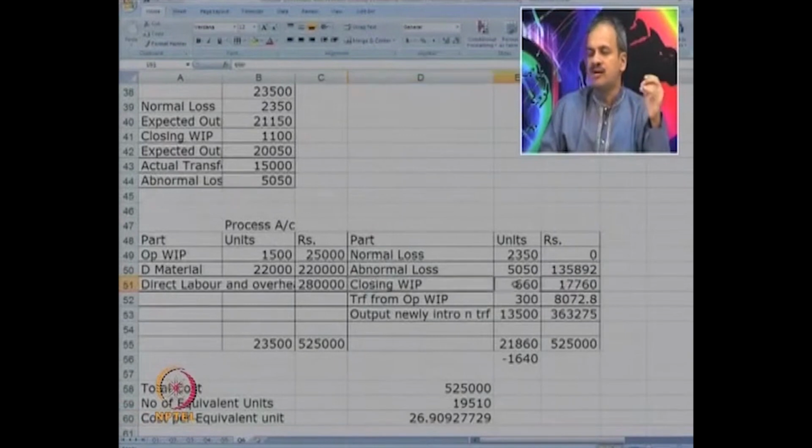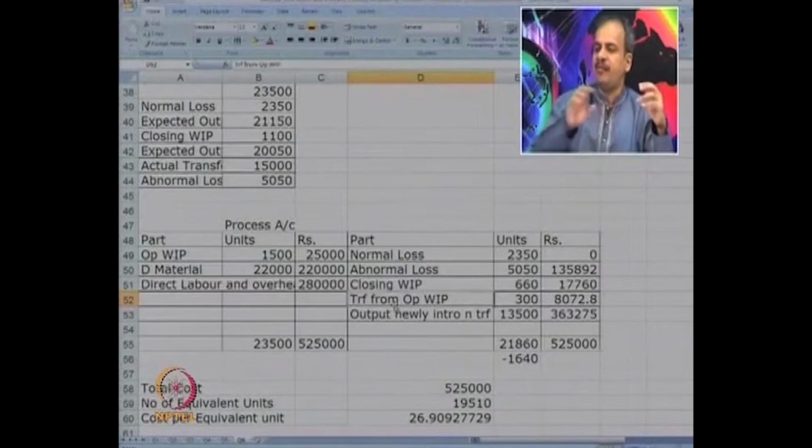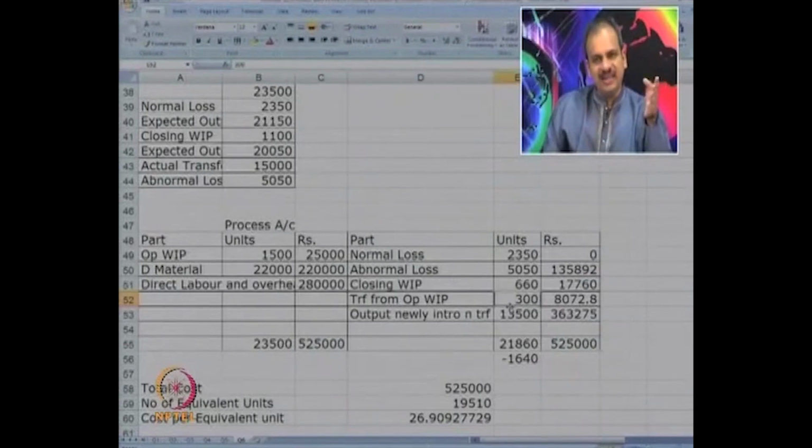Closing stock is 1100 units, but we are looking at equivalent units which are 660. Transfer from opening WIP: opening units have been introduced and transferred, so we have accounted it at 300 only.